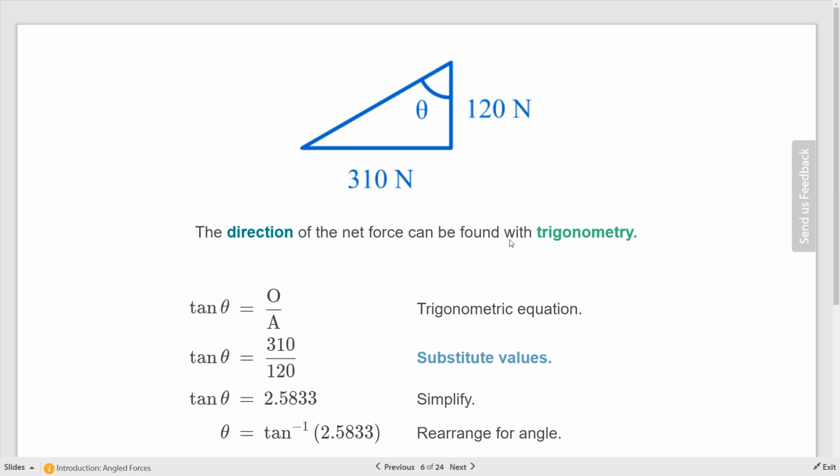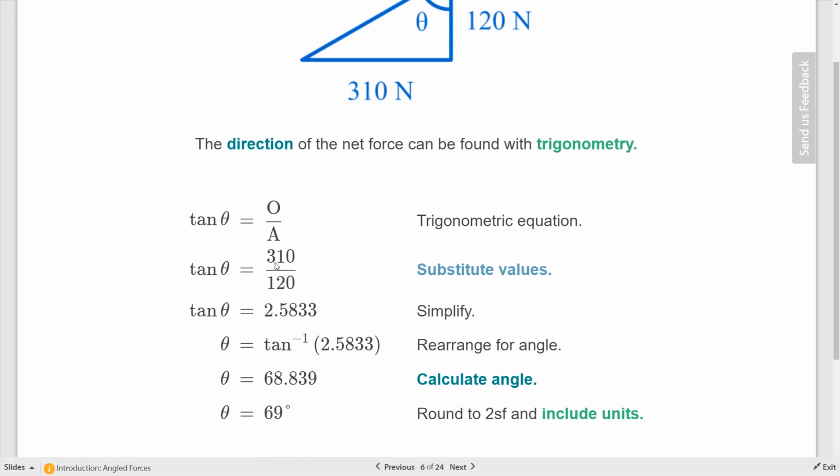So the direction of the force can be found with trig, and you should know if you have an opposite and adjacent side, we're going to use tan, using SOHCAHTOA. So tan is equal to opposite over adjacent. The opposite side, in this case when we're using this angle here, is 310 and the adjacent side is 120, so tan of theta equals 310 over 120, and then we take the inverse of the tan to get the angle.